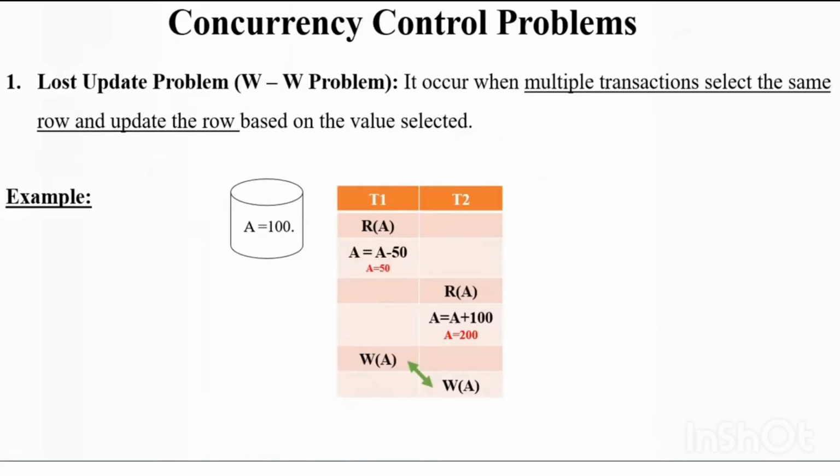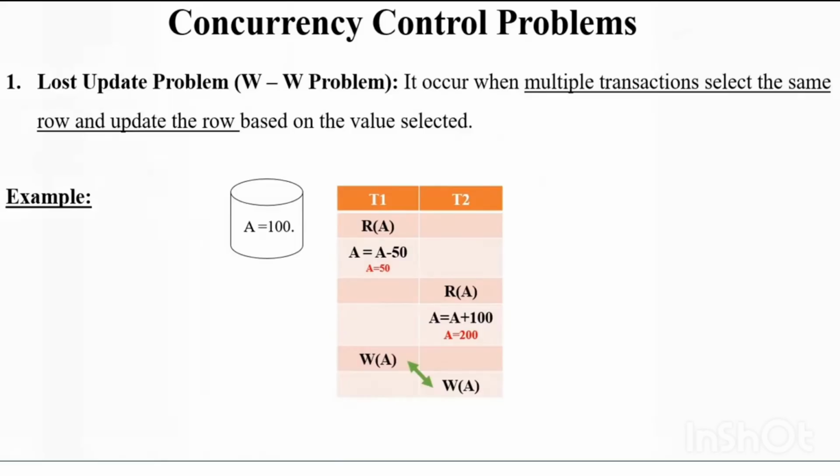The first problem is the lost update problem, which is called the WW problem. It occurs when multiple transactions select the same row and update the row based on the value selected. Here we have an example. The value of A equals 100.